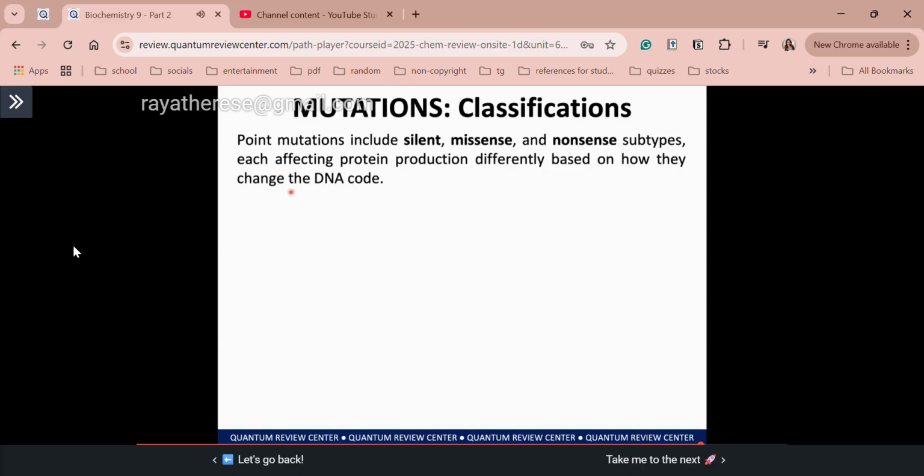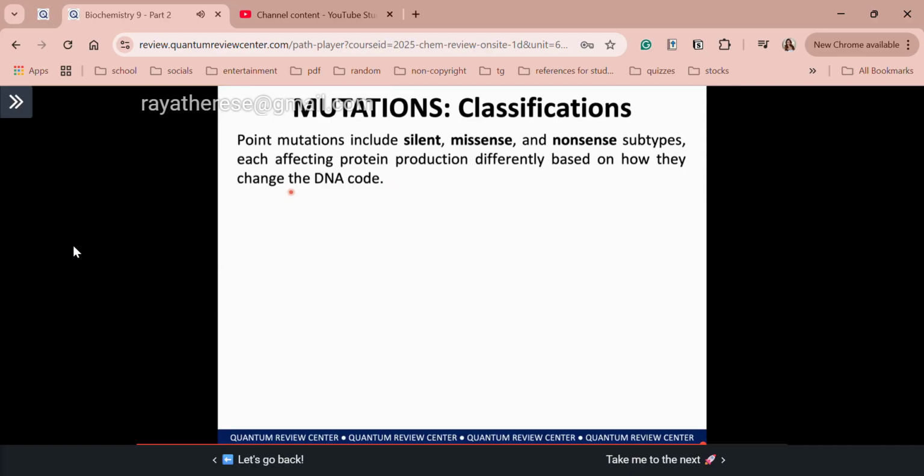So again, class, the point of our mutation target is in your DNA replication. That's why from your DNA template strand to your mRNA transcript to your proteins, of course, it has a domino effect.